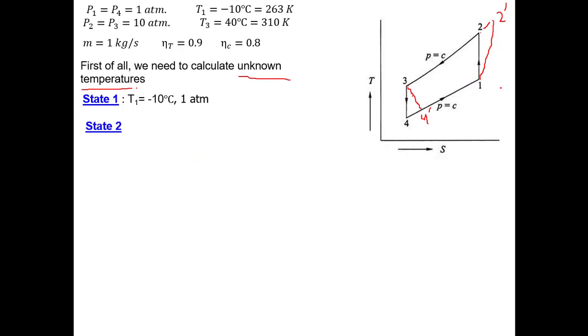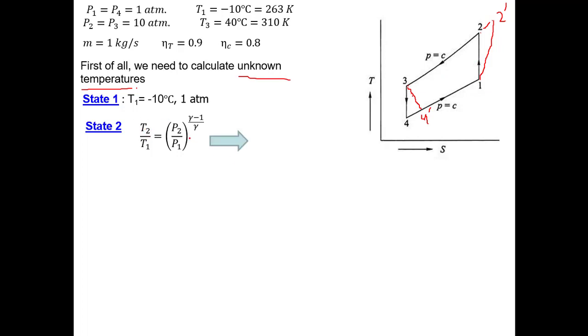And then come to state 2. At state 2, we know the pressure. I mean, the compressor compresses up to 10 bar, 10 atmospheric pressure, but we don't know the temperature. Since 1 to 2 is an isentropic process, we can use this formula to calculate T2.